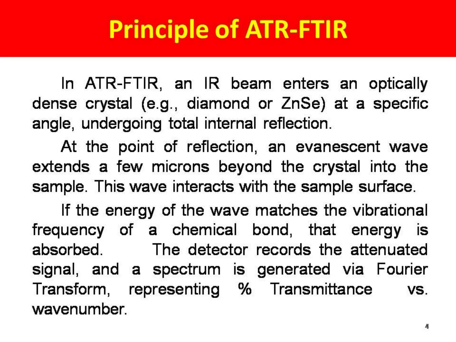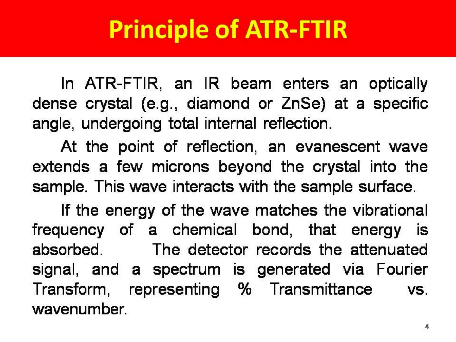So, the principle of ATR FTIR: an IR beam enters an optically dense crystal, for example diamond or zinc selenide, at a specific angle, undergoing total internal reflection. At the point of reflection, an evanescent wave extends a few microns beyond the crystal into the sample.